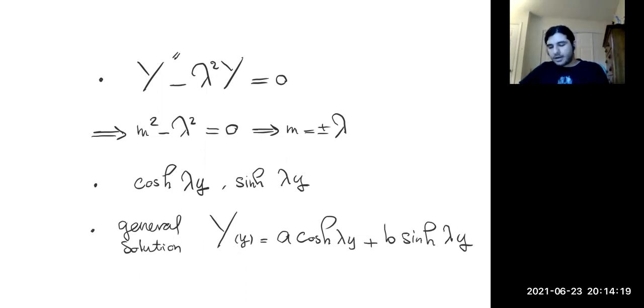However, in our case it is slightly different. Lambda depends on n, so it's lambda n, and therefore y n also depends on n, and a and b also depend on n. This is the form of y which is more useful for us in order to find what these coefficients are.